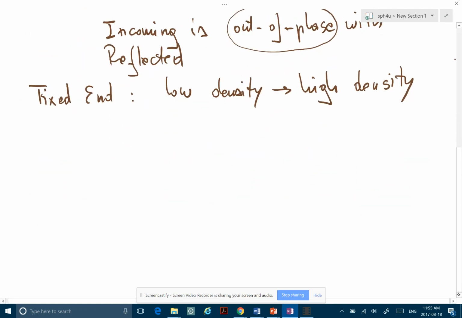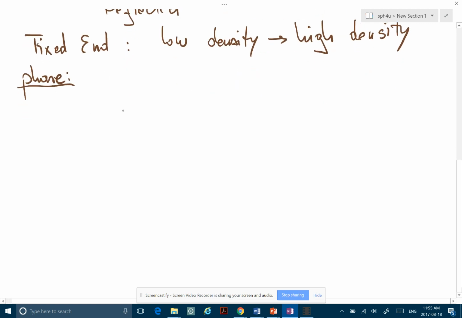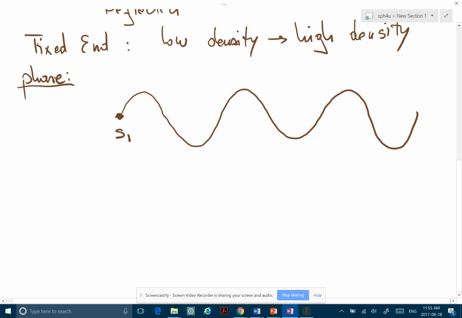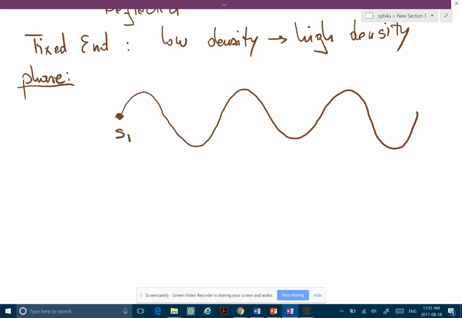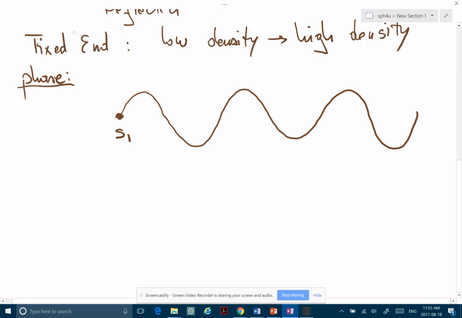All right, so very briefly, let's talk a little bit about phase here before we continue. Remember, we introduced phase earlier. So let's say I have two waves. One is like this, okay? So here is source number one. And then there's another one that happens to be exactly the same, but it has started from here.